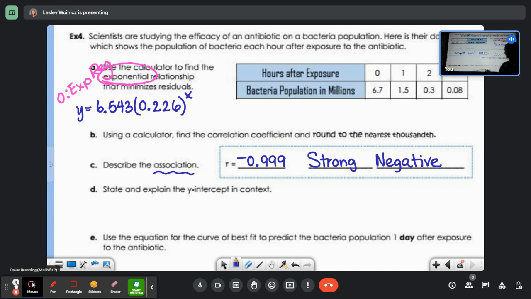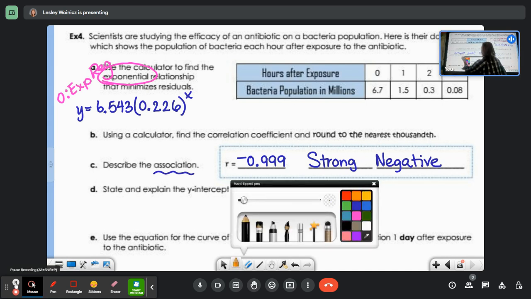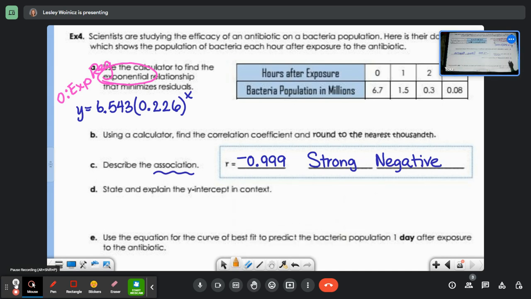Okay, we're going to state and explain the y-intercept in context. So the y-intercept is, don't look at the table, use this one, the A value. It is 0, 6.543.